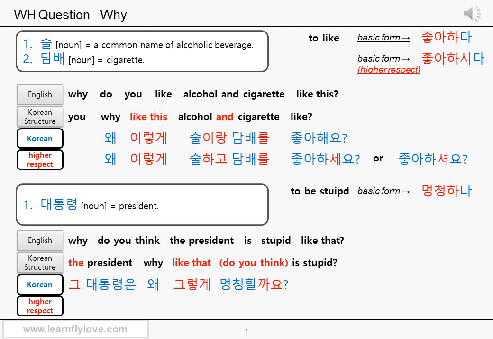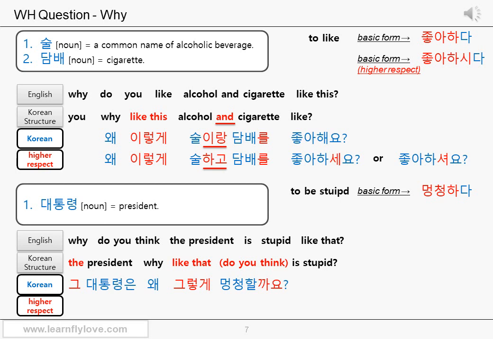Any type of booze, liquor, or beer. They are all 술 in Korean. The conjunction and. 술 has a final consonant ㄹ. Therefore, you can use 과, 이랑, or 하고.